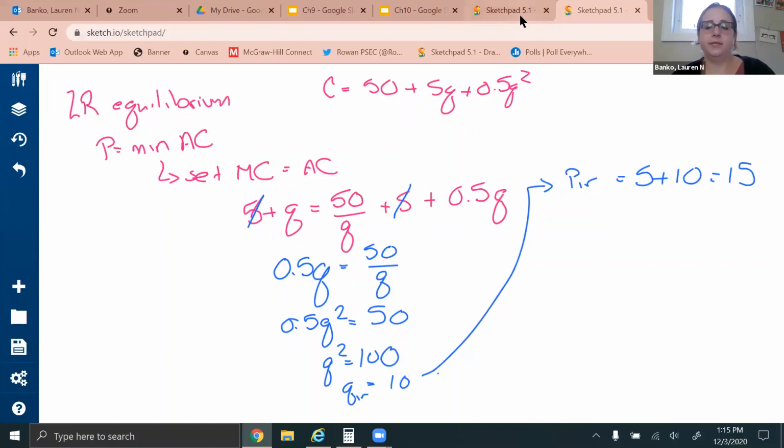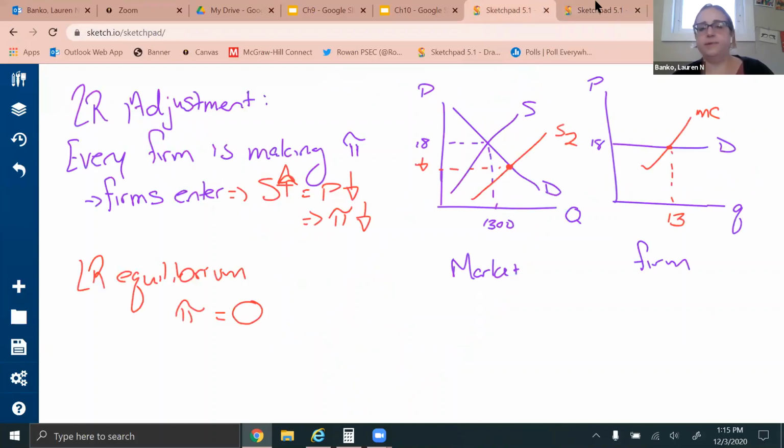So as a reminder, what we had was that we were at a point where the firms are all selling this good for $18. They were each selling 13 of them, but they were making a positive profit, which is good for them, but that causes other firms to enter and steal some of that profit.